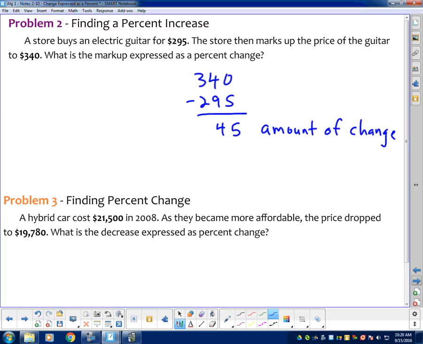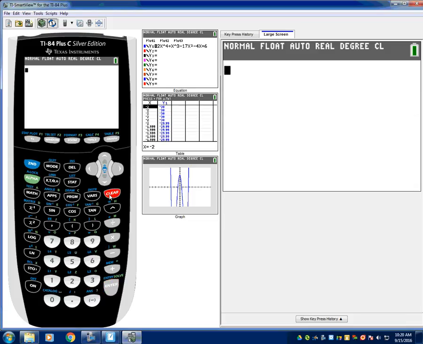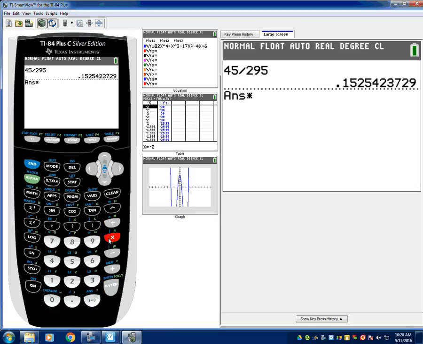And so we're going to take the amount of change, 45, place it over the original price, which is $295, multiply that by 100. So on the calculator, I'm going to go ahead and take 45 divided by 295 gives us 0.15, and then we're going to multiply that by 100 to change it to a percent.